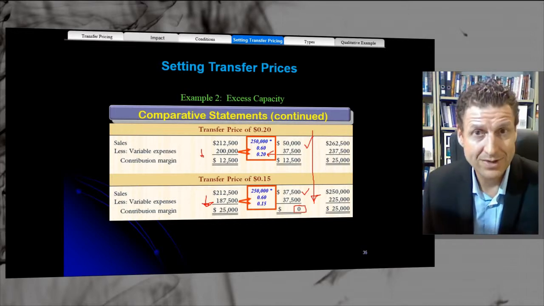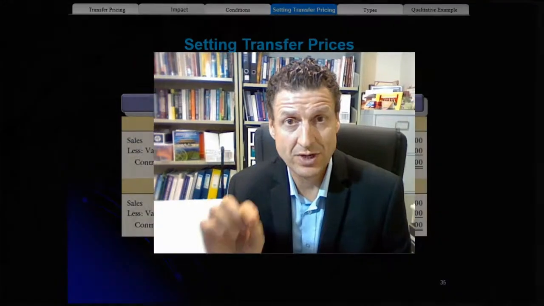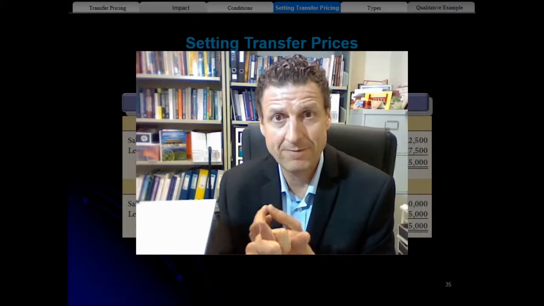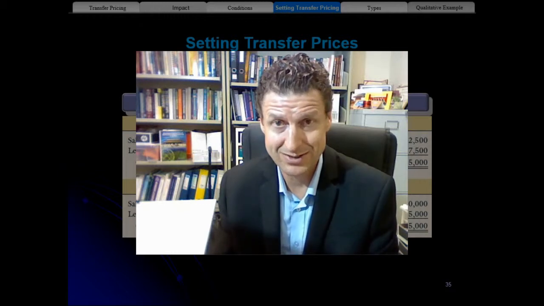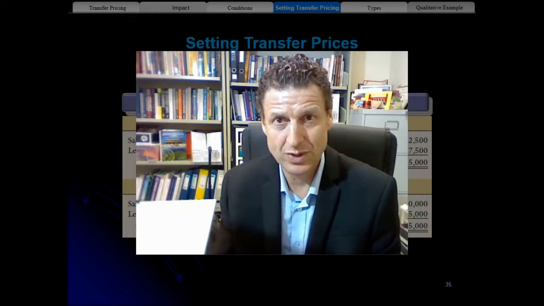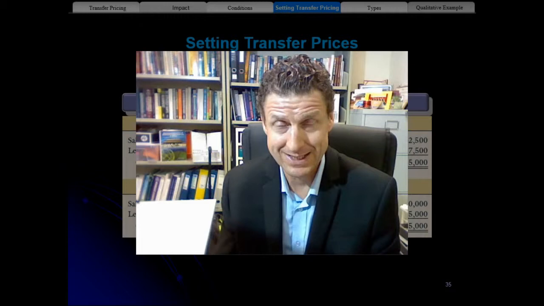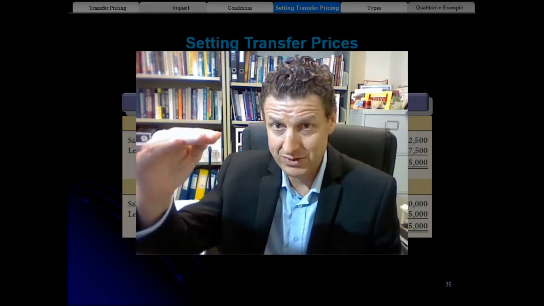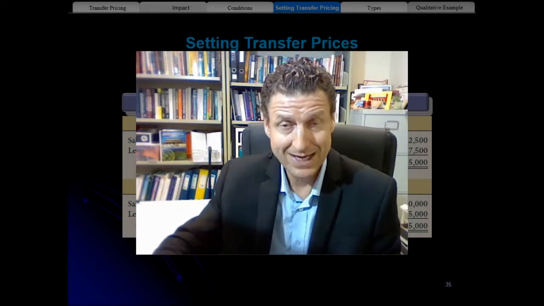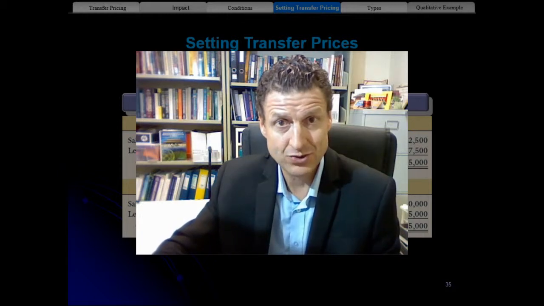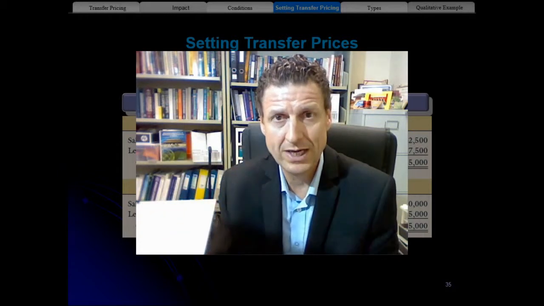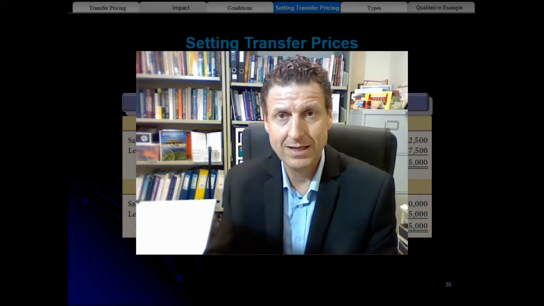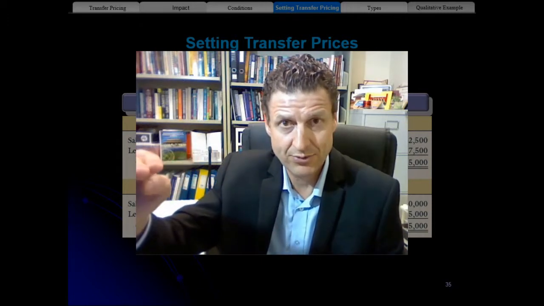So there you have two examples of transfer pricing. One is we can avoid external selling and administration costs of $2. And the second example was when we have excess capacity, and the minimum transfer price was right at rock bottom, down to the variable costs of the transferring unit. So think about that. The general transfer pricing formula: the maximum is the external selling price.